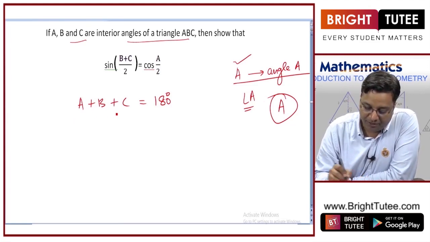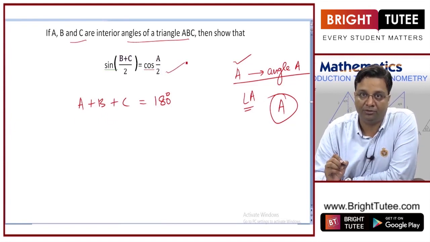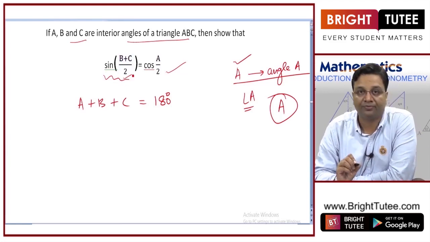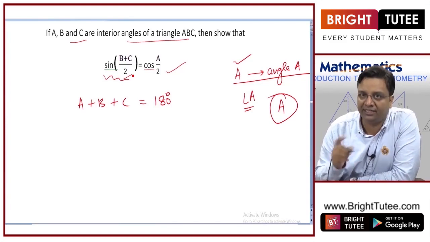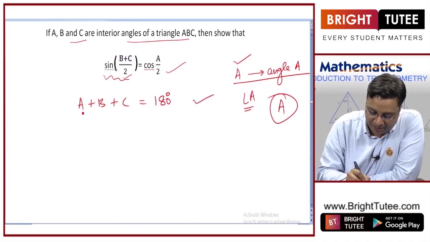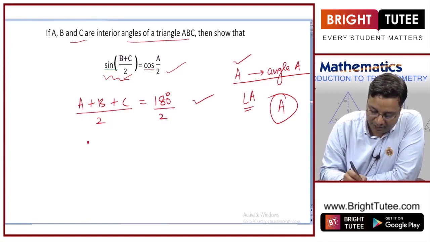So A plus B plus C is equal to 180 degrees, and we have to show this relationship to be true. Let's talk about the left hand side first. I need angle (B plus C) by 2. So let's create (B plus C) by 2 from this relation. If I divide both sides by 2, what will I have?